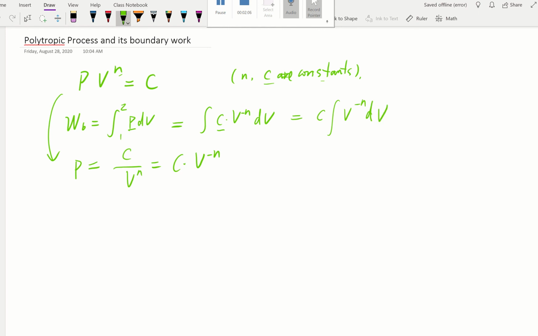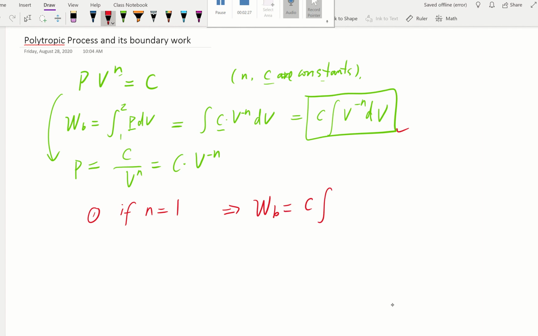Now, how do we integrate this one? There are two scenarios. First, think about if n is equal to 1. That's possible, because n can be any constant. Then this boundary work is going to be equal to C times the integral of dV over V, because n equals 1. Does this look familiar? This is what we talked about last time for boundary work for an isothermal ideal gas. Integrating that gives natural log of V2 over V1.